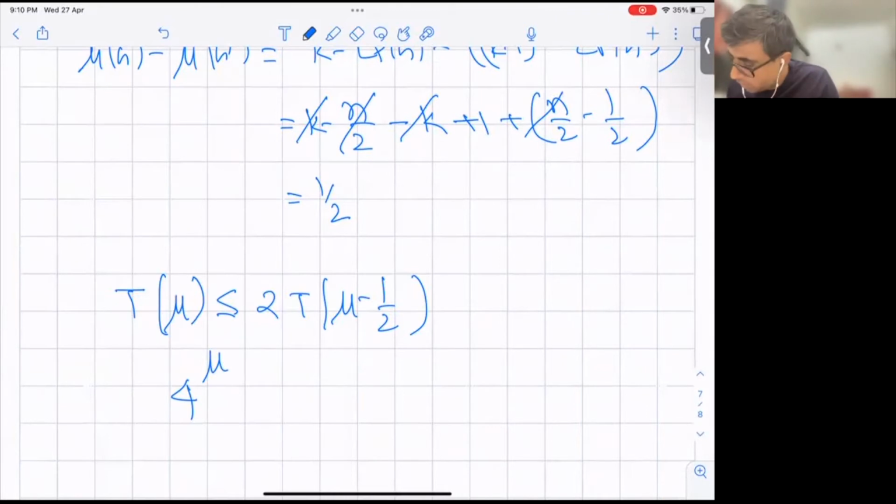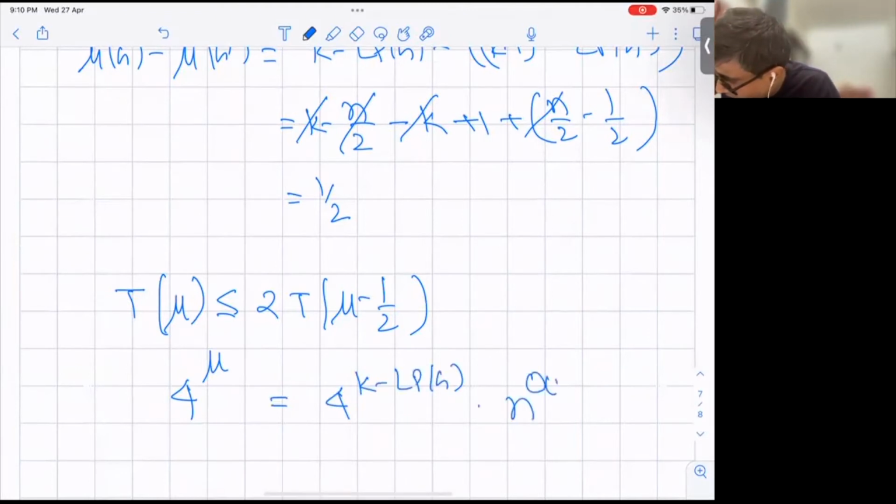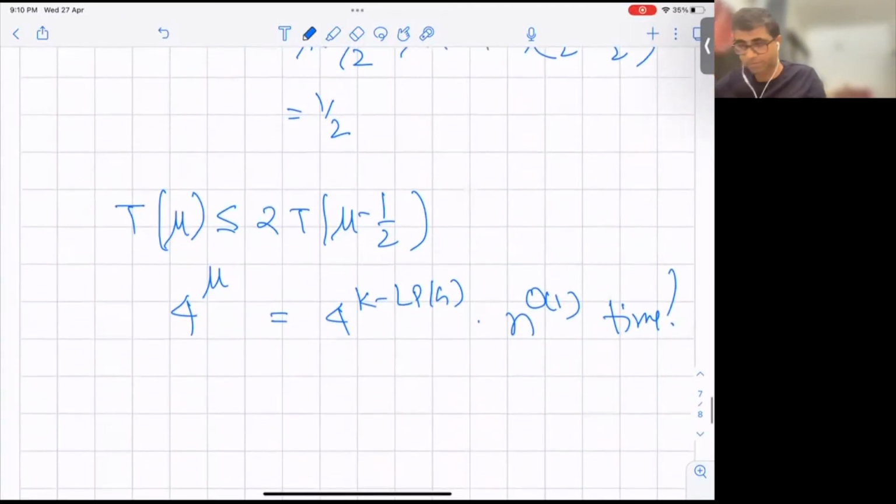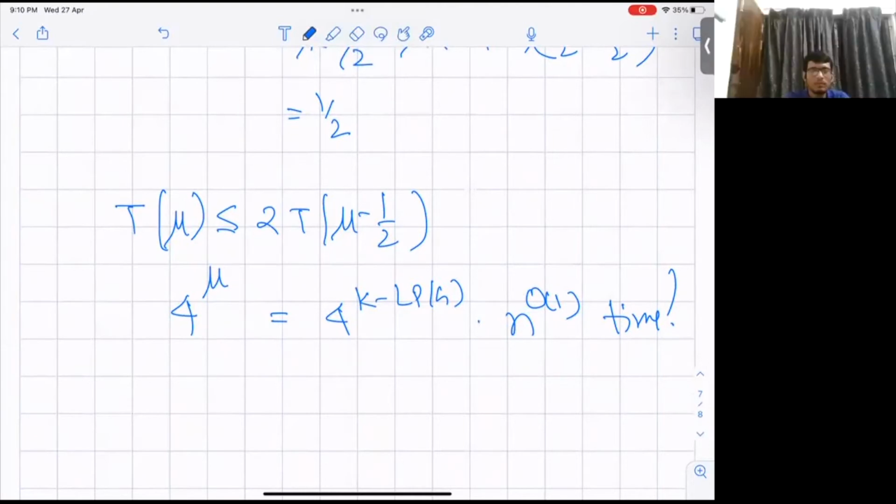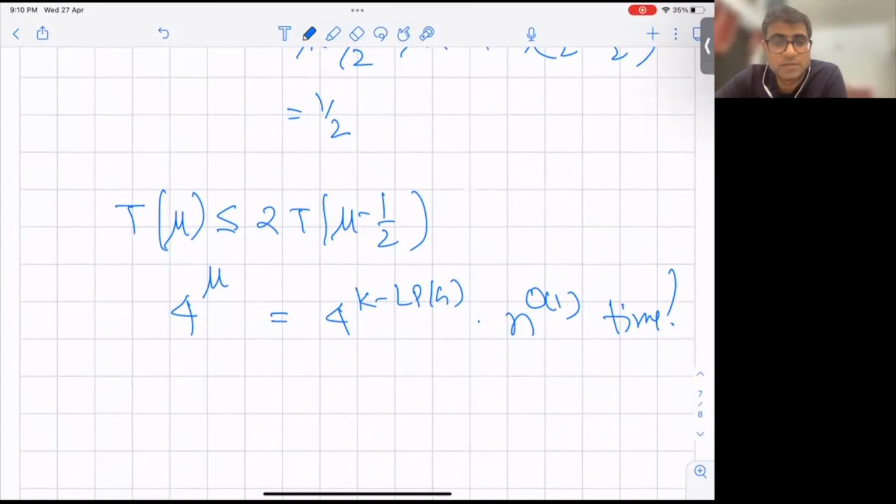Which implies that we have given an algorithm with this much time. Is the algorithm clear to everybody? If not, please ask questions, because before we go further, it's important to understand this.